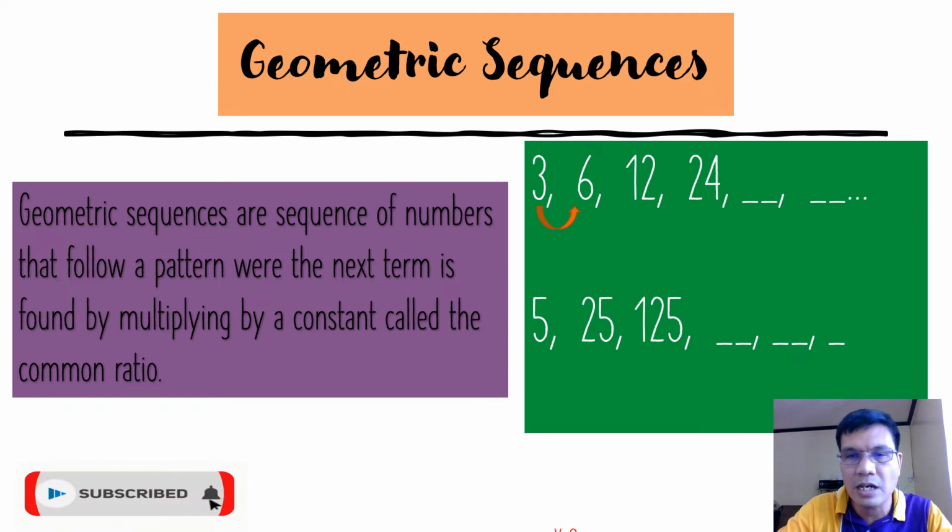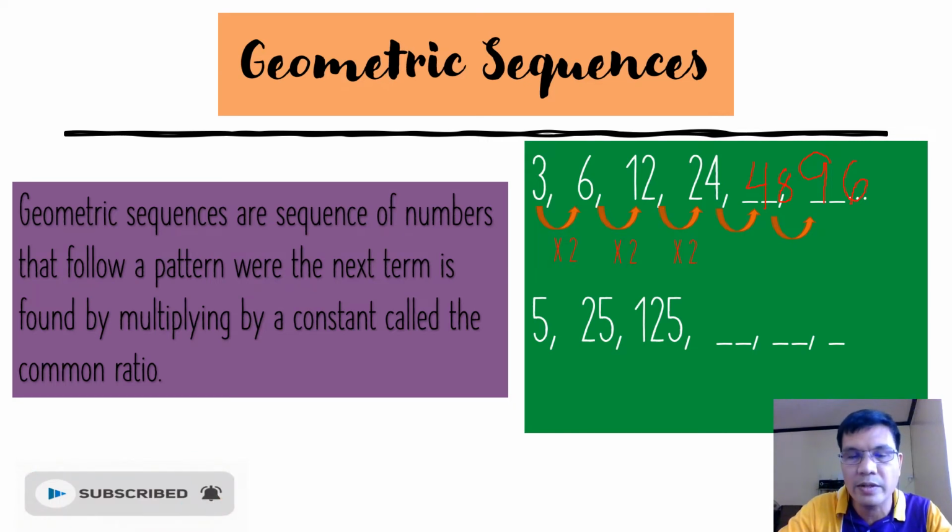As you can see, ano kayang nangyari dyan? So, yung 3 multiplied by 2 becomes 6. 6 times 2 is 12. 12 times 2 is 24. Then 24 times 2 to get the next number, which is 48. And 48 times 2 para makuha yung susunod na answer, which is 96.